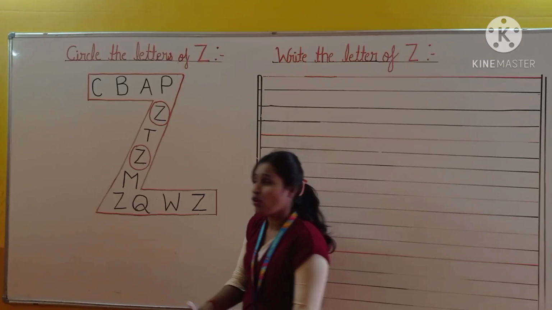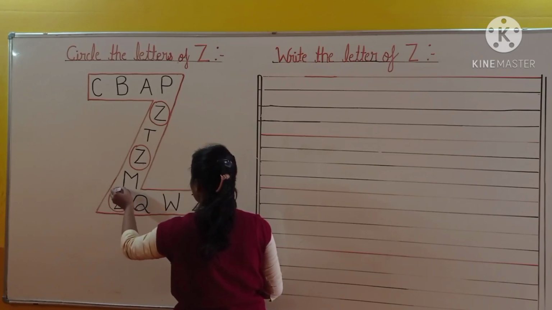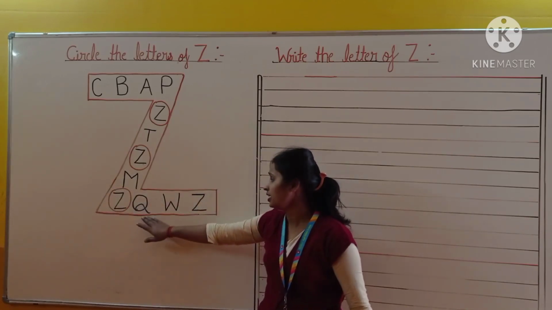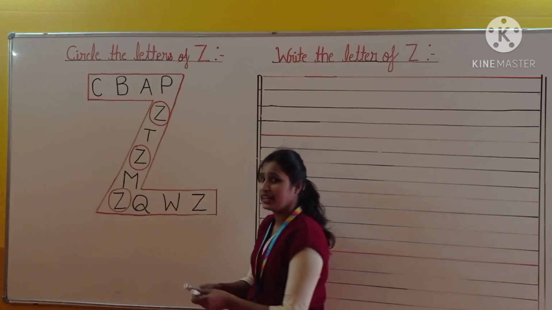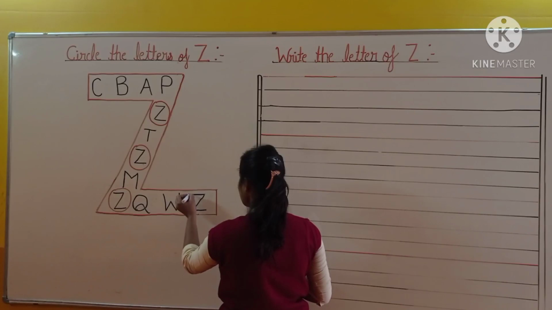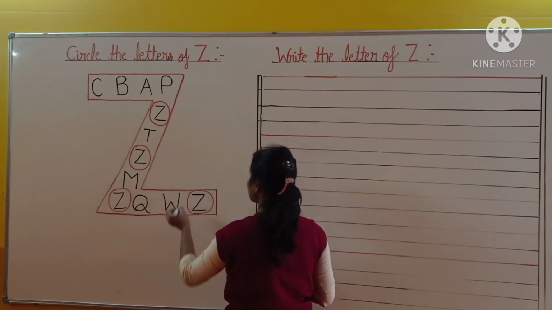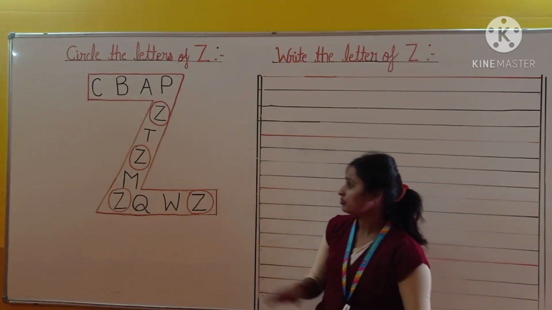Circle the letter of Z. Okay, so find the letter of Z. Yes, you're right. Circle the letter of Z. Z for zebra. Okay.